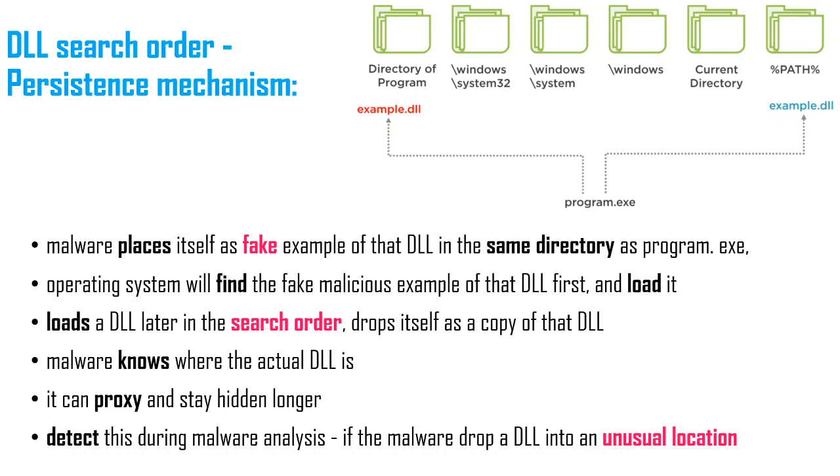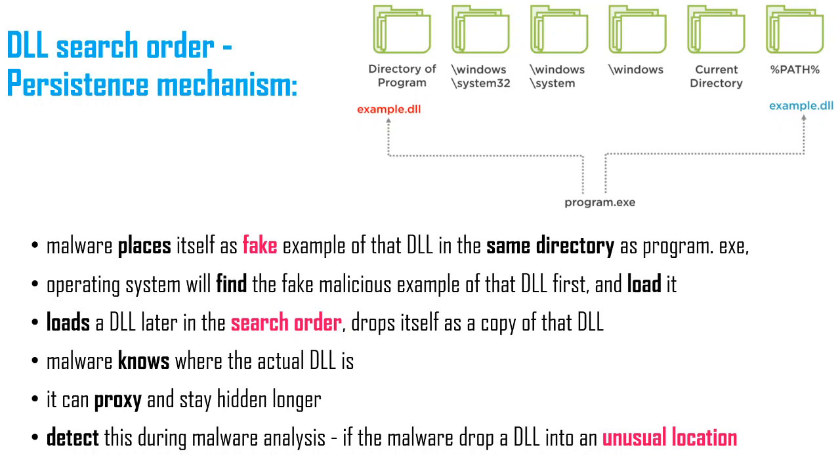Every path it drops into. So every time that particular exe executes, it uses the fake example.dll from one of these search order folders, and it stays persistent. This kind of DLL search order persistence mechanism also exists in this digital world.